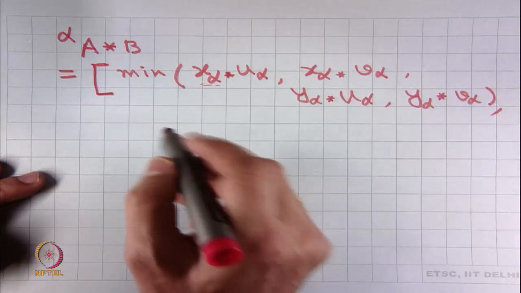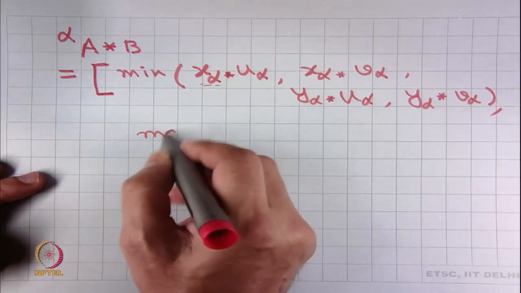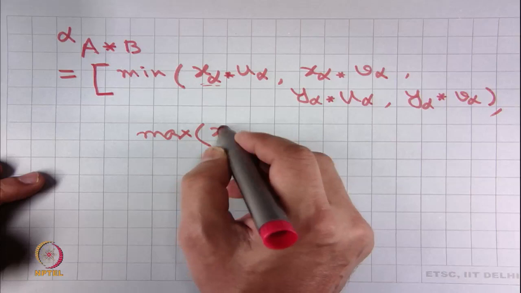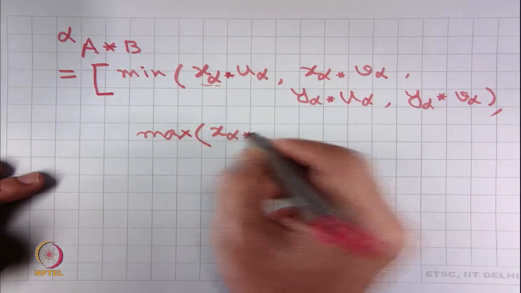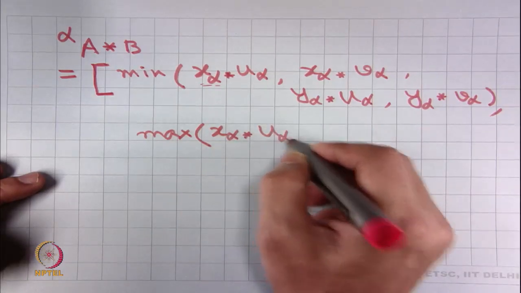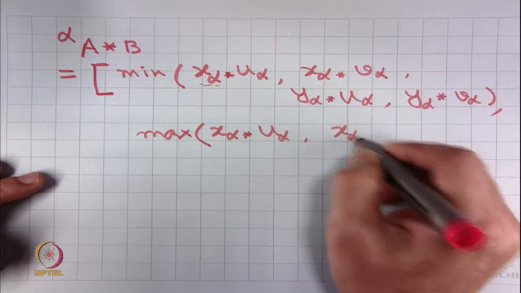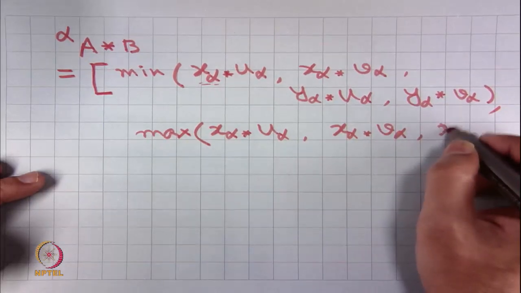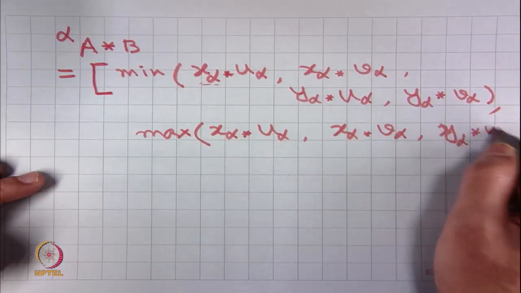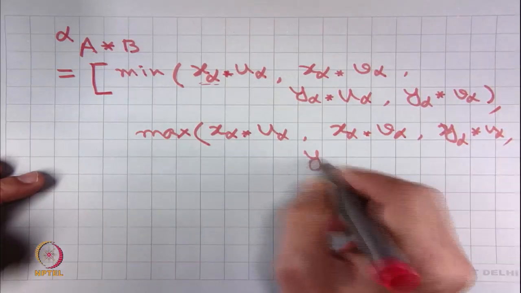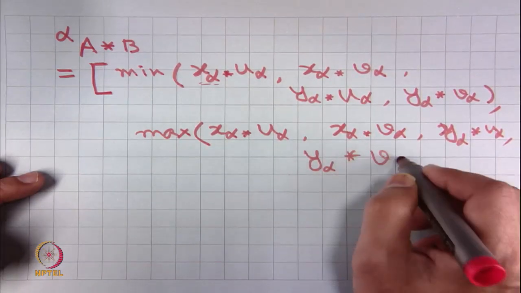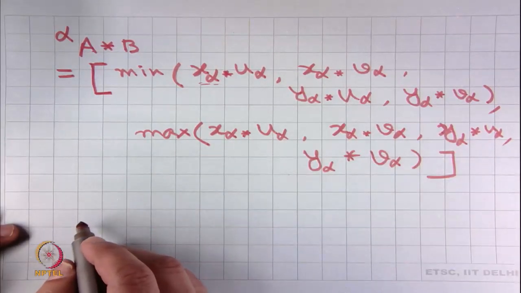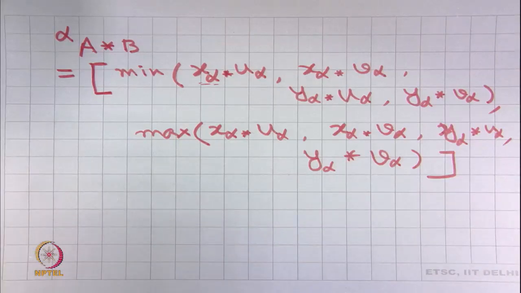alpha cut, and the upper bound is going to be a very similar expression, but in this case we are going to consider the maximum of x alpha multiplied by u alpha, x alpha multiplied by v alpha, y alpha multiplied by u alpha and y alpha multiplied by v alpha. So, this interval that we get is going to give us the alpha cut.